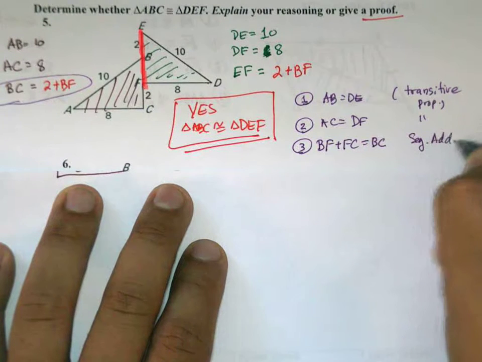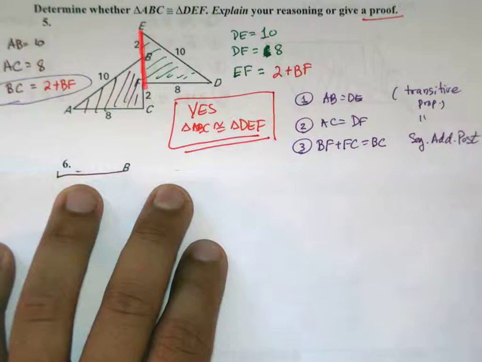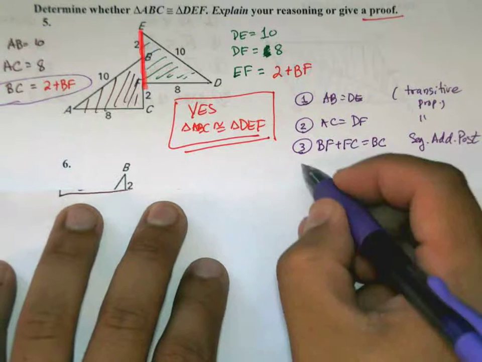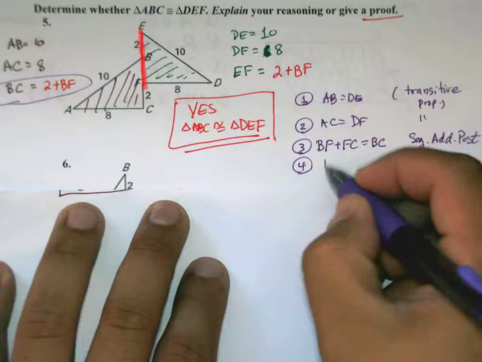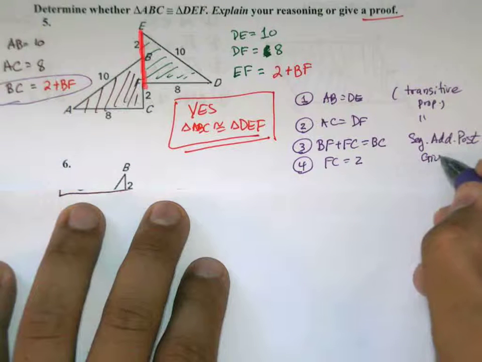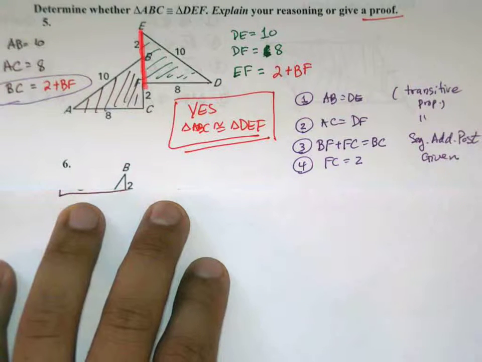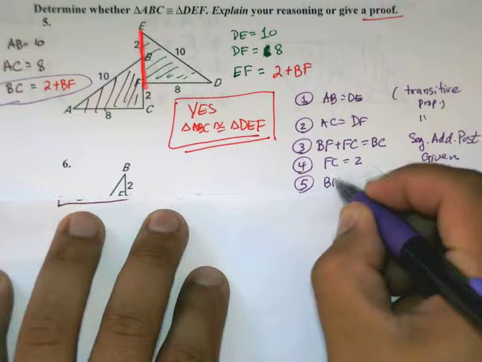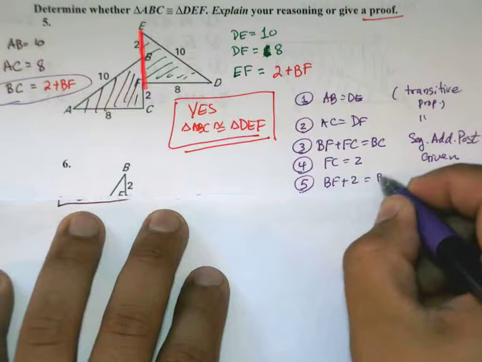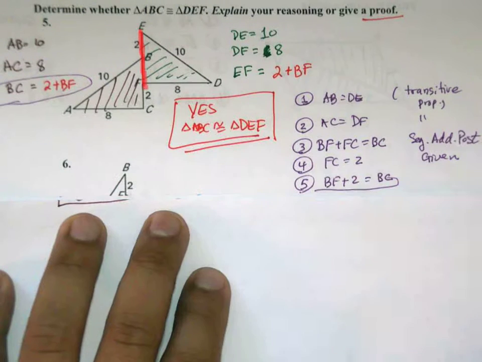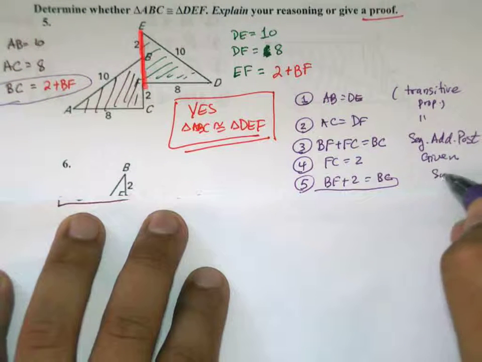This is why we learn these phrases and these terms so that we can use them quickly. We know that FC is equal to 2. That's given. Therefore, BF plus 2 is equal to BC. And that's basically the same statement that we have up there. And this is substitution.